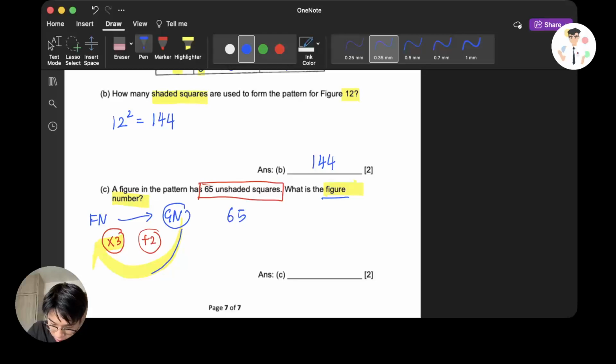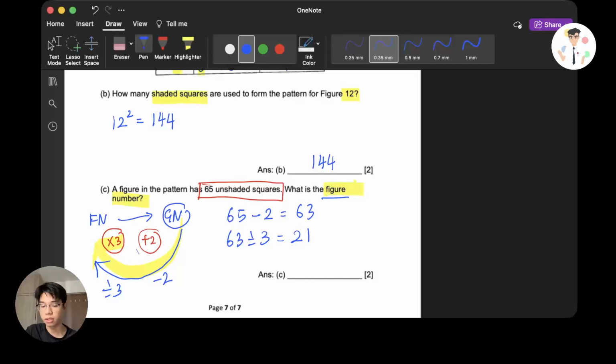Now I want to turn back, right? So plus 2 will become what? Minus 2. Times 3 will become what? Divide 3. So 65 minus 2, 63. 63 divided by 3 is equal to 21. So my final answer is 21. And that's it. Then you are done.